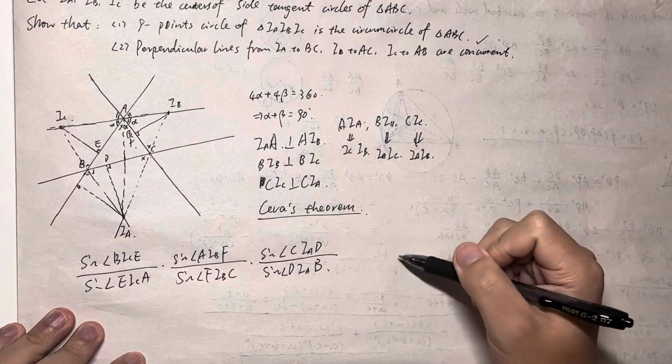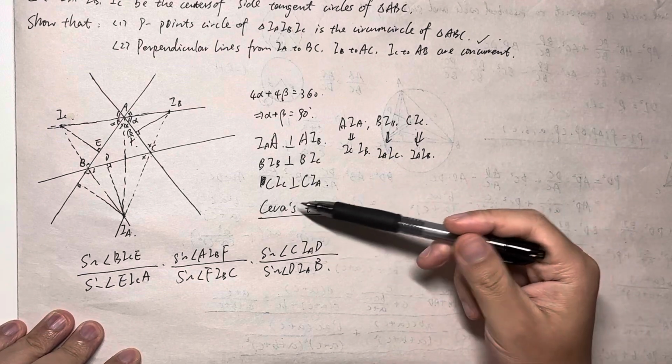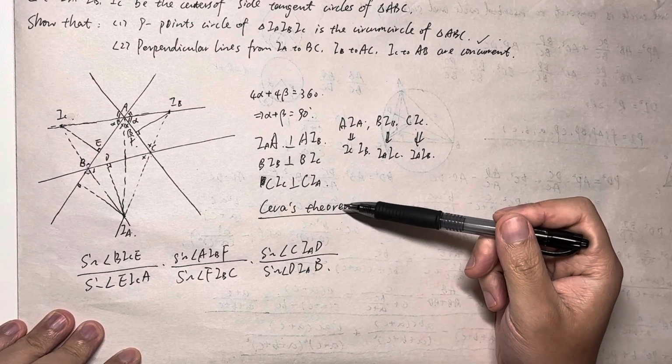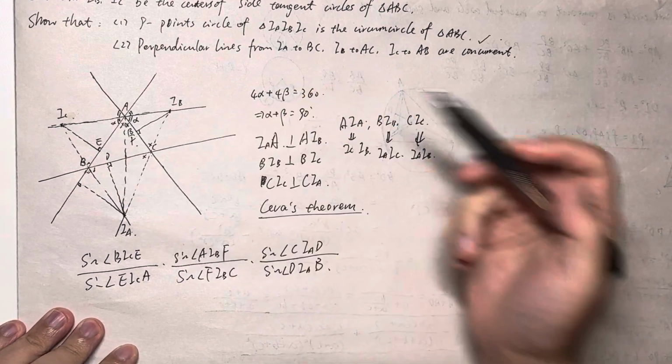If this equals 1, then we just prove, using the converse of Ceva's theorem in angle form, right? We can directly prove that these three lines are concurrent.